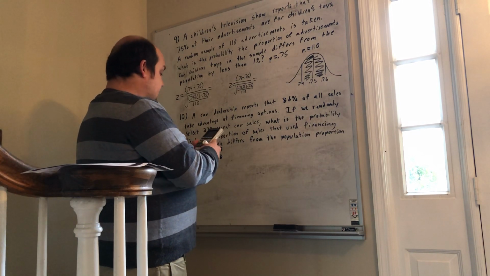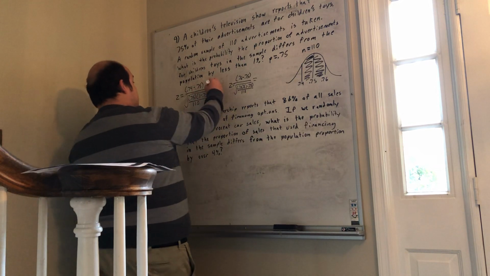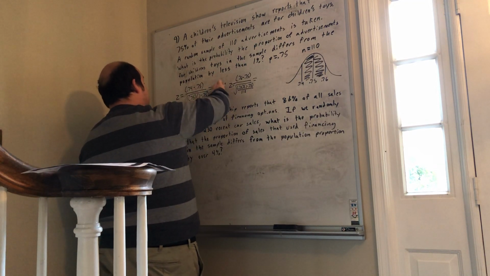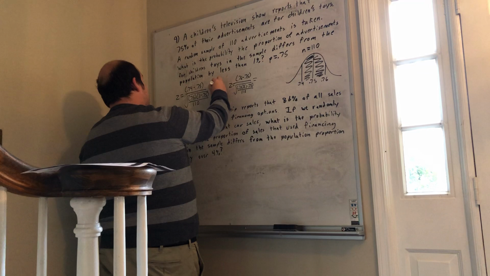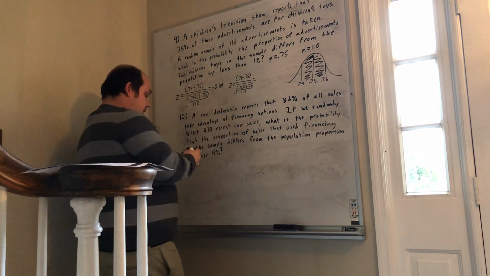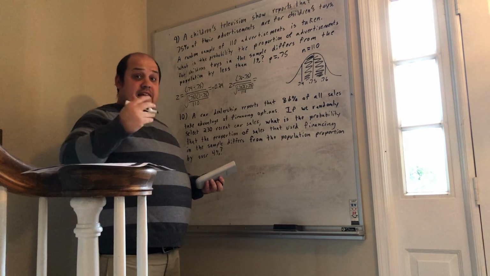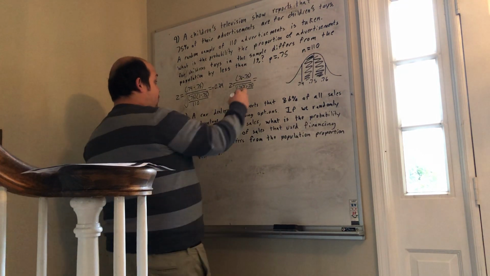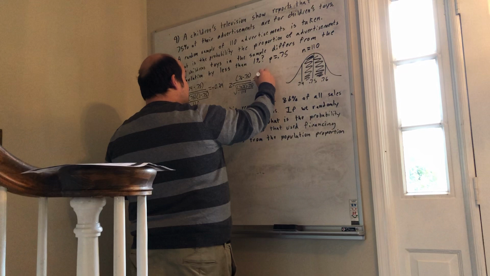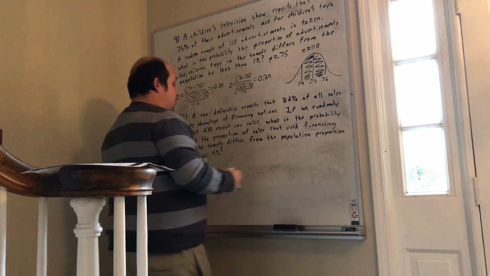And I get that z-score to be negative. That z-score is negative 0.24. If I know that the table is symmetric and I understand how that works, I can jump right to saying this z-score has to be positive 0.24.